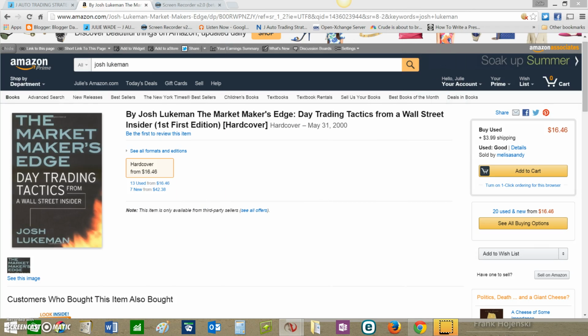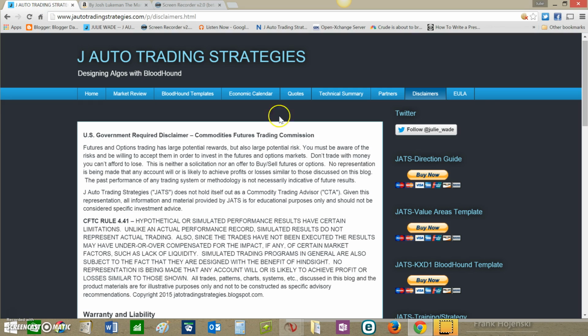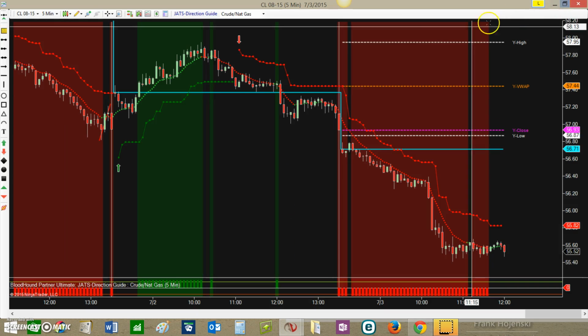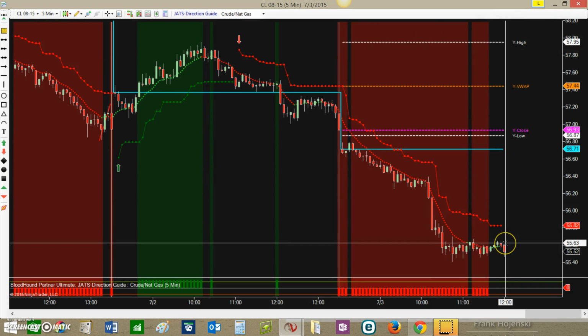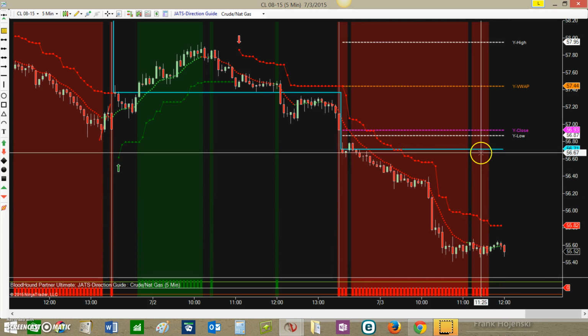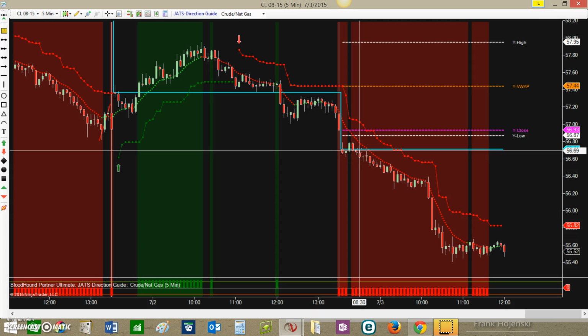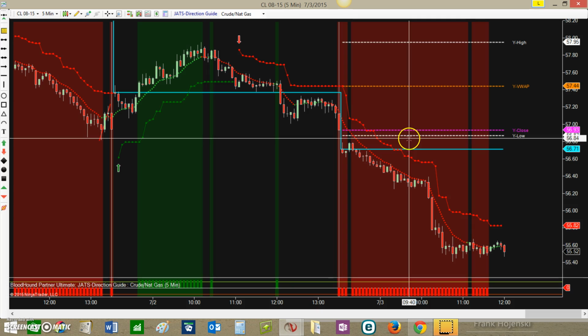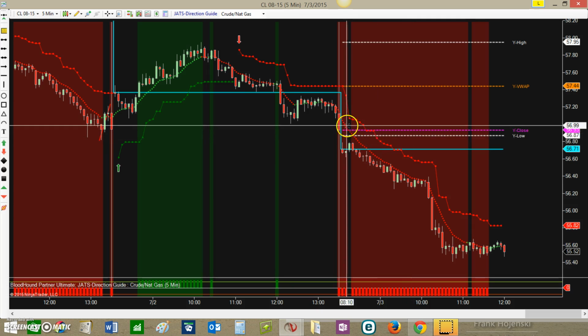On the intraday basis, this strategy that I have is shown on a 5-minute chart from the regular trading hour session. The blue line is the open, the purple line is the previous close, and this white line is the yesterday low.